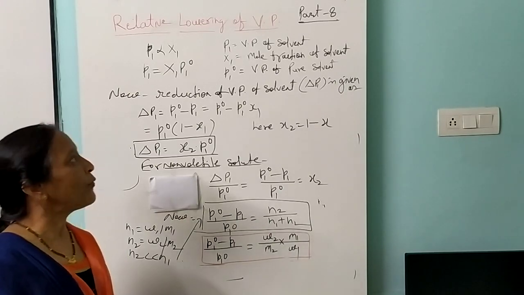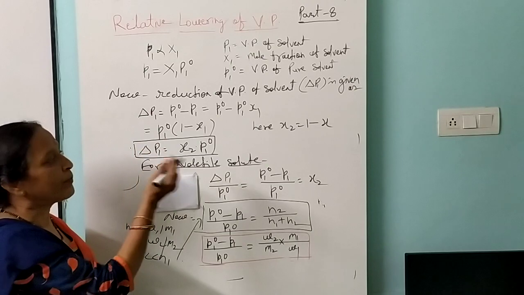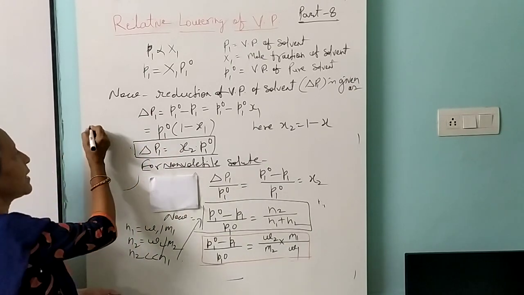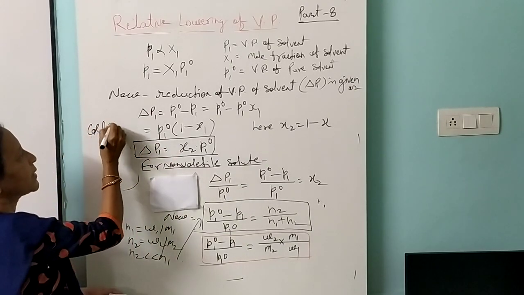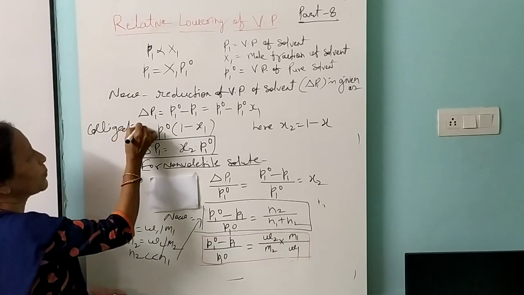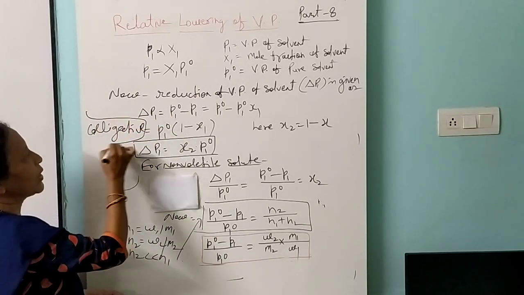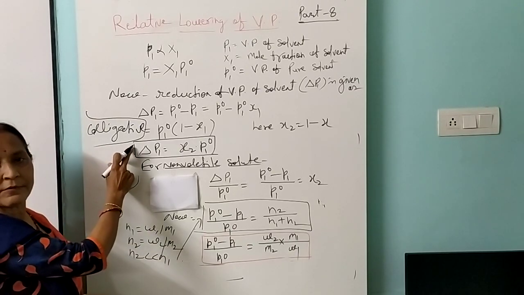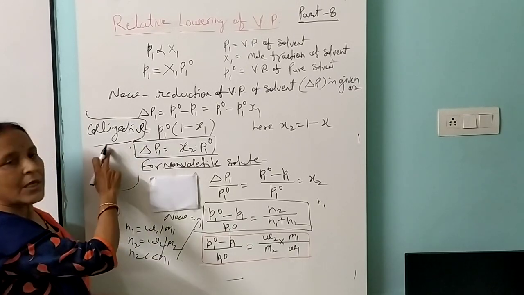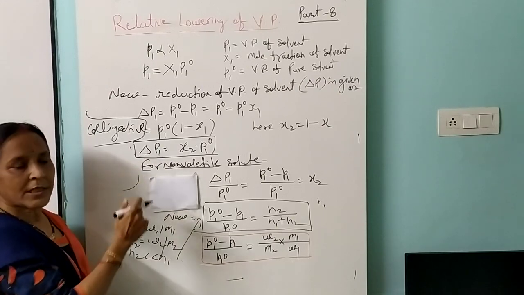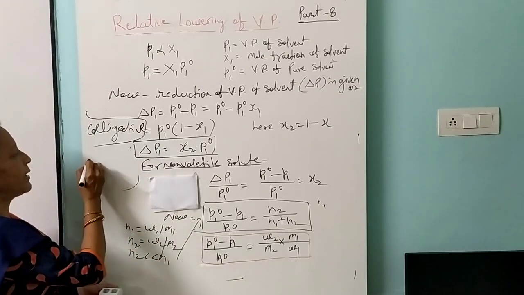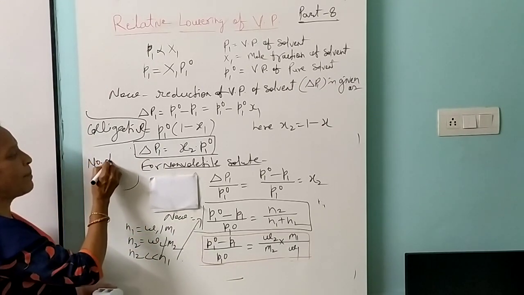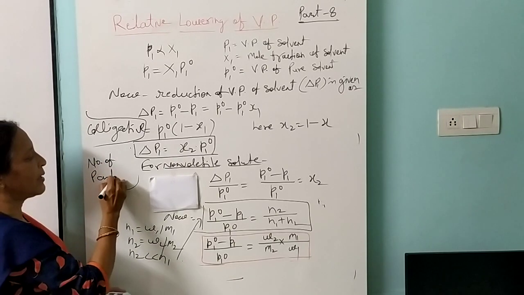Before this, first I will revise the term colligative properties. I already explained colligative property in our first video when we started the lesson. Colligative properties are the properties which depend on the number of particles.